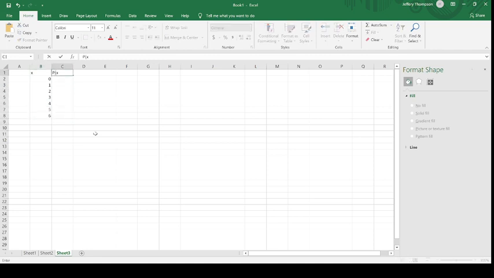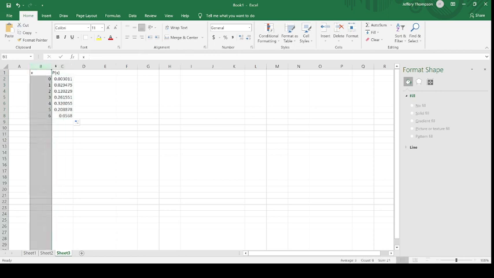The probability of each is the binomial distribution, with x in cell B2, the number of trials 6, the probability of success 0.62, and cumulative set to false. If I drag this down, it gives me the probability for each number of successes.